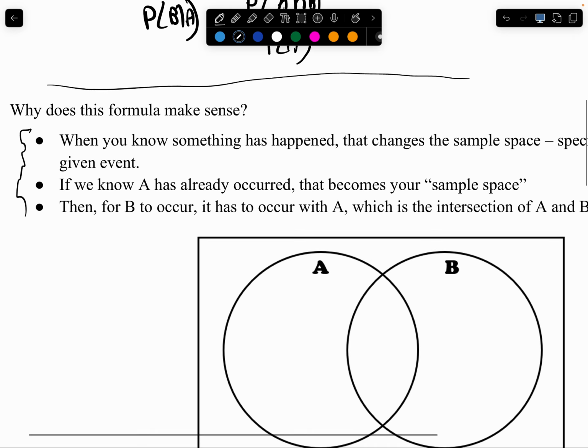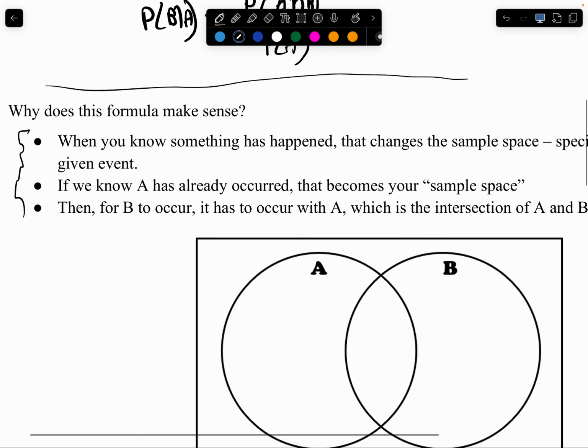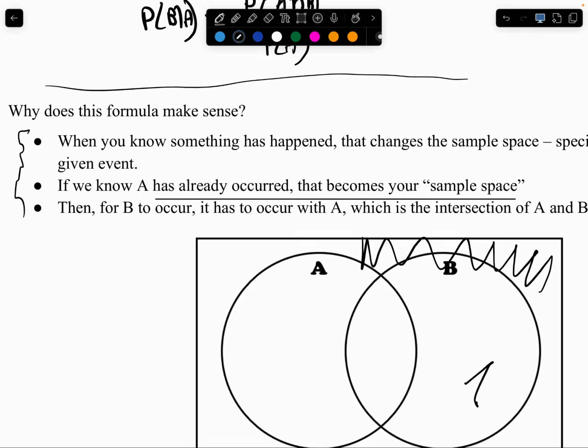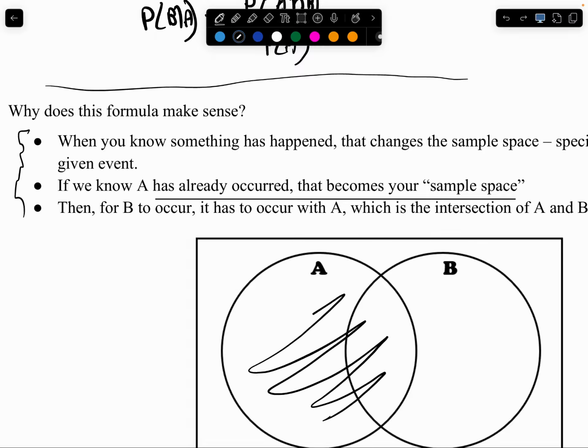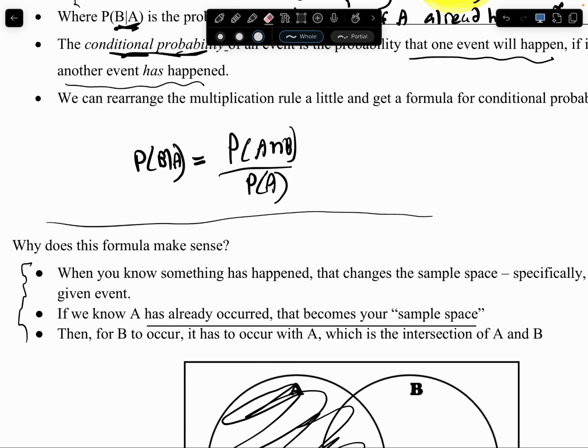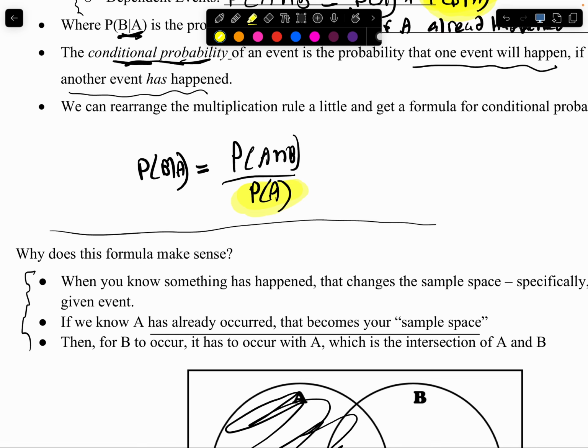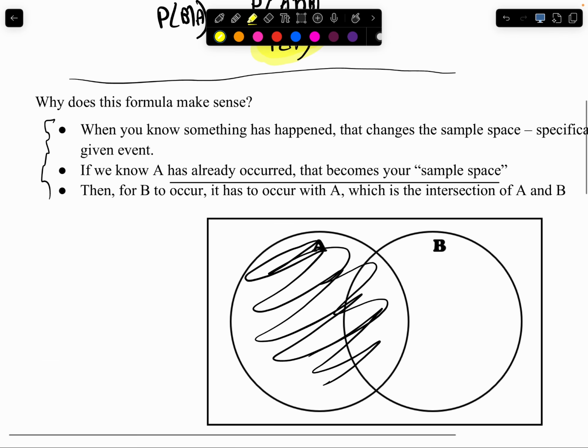What does it mean? It's a lot easier to see what it looks like and what it means. So if we know that A has already happened, then we don't care about anything out here or in here, because that's only in B. If we know that we're only talking about A to begin with, and that's our full sample space, like the bottom of the fraction, you can see that in the bottom of the fraction here, you have the A. So you're just talking about the A circle.